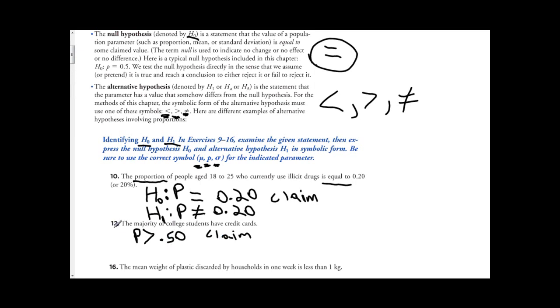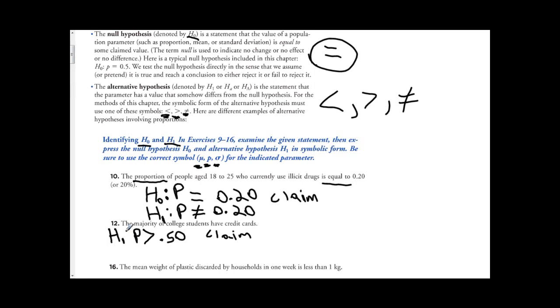But this is definitely the claim. And in this case, this claim does not contain the condition of equality. This is saying that the proportion is greater than 0.5 or greater than 50%, which does not contain equal to 50%. So we'll say that this claim has to actually be the alternative hypothesis.